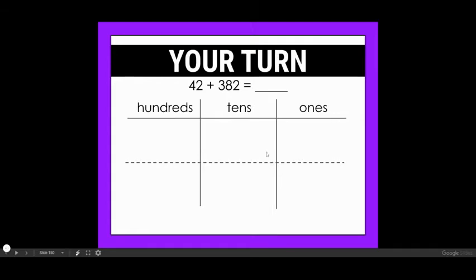No? So let's move on to our tens. How many tens are there? There's 4 tens, which has the value of 40. And then you have your 2 ones. All right, go ahead and add in the second addend. Remember that goes below the dotted line.